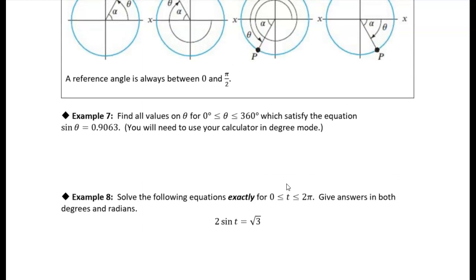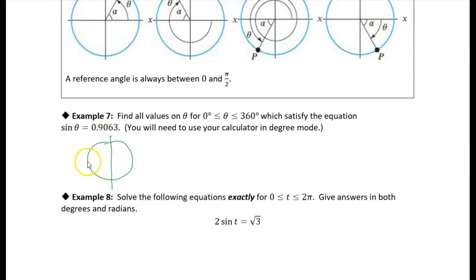All right. So in example 7, we want all the values of theta between 0 and 360 degrees which satisfy this equation: sine theta is equal to 0.9063. Okay, so let's just visualize what that looks like first. I'm just going to draw a little unit circle.